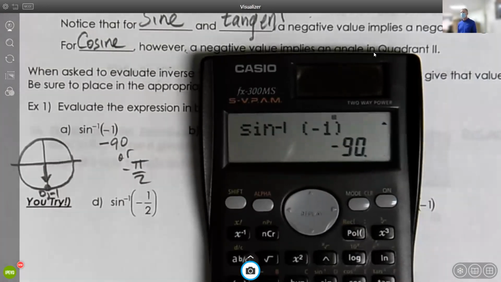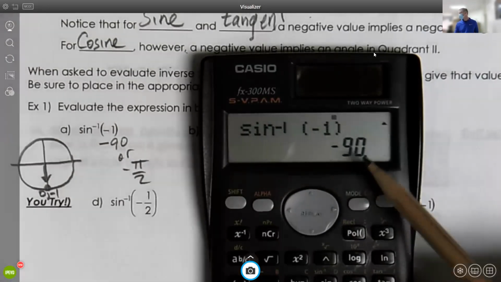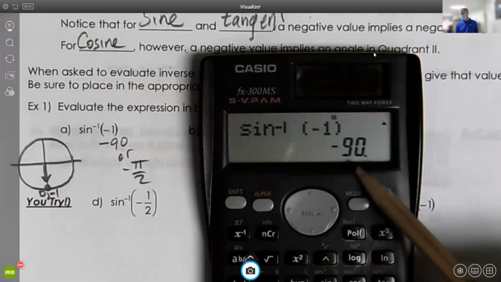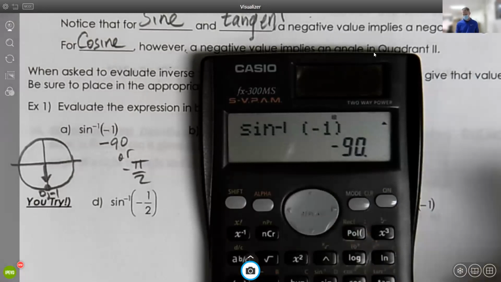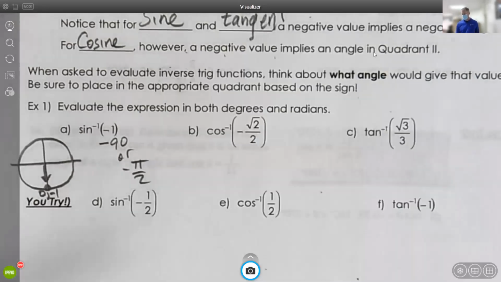It's not going to give you 270 because the calculator knows what these limited domains for the angles are. So you can only go up to 90 and down to -90. That would be the appropriate way to label the angle where sine is -1. You do not need your calculator to answer any of these questions.